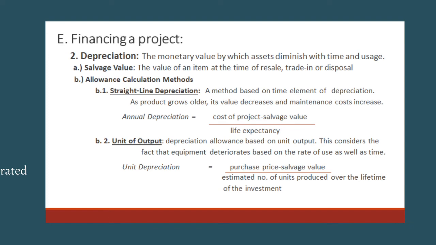While the unit of output, or unit depreciation, is a method of determining the depreciation allowance based on unit output. This considers the fact that equipment deteriorates based on the rate of use as well as time. So unit depreciation equals the purchase price minus salvage value, divided by the estimated number of units produced over the lifetime of the investment.